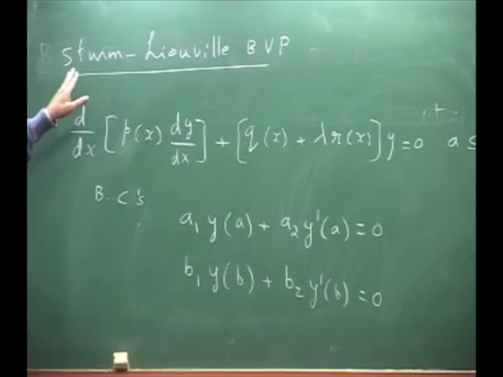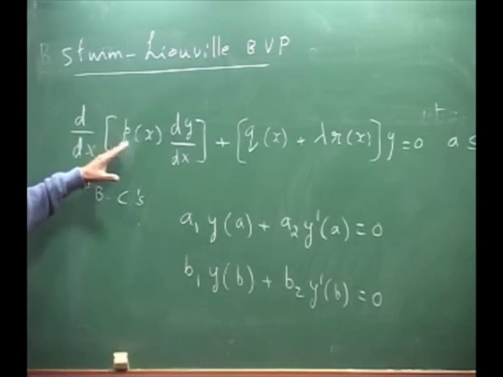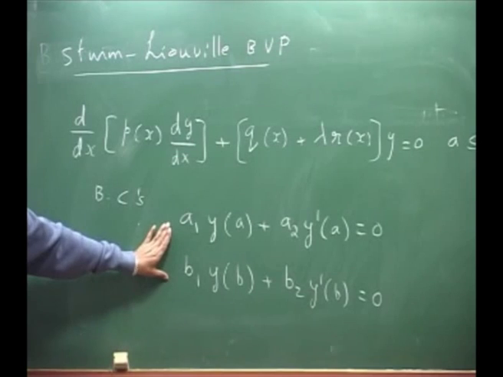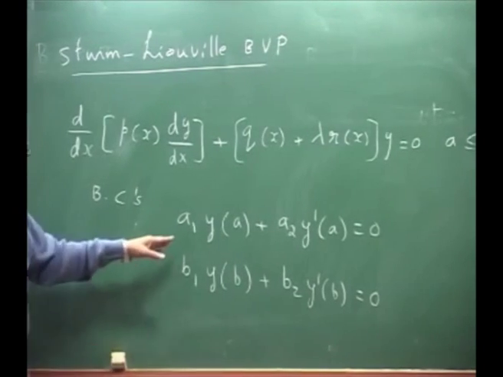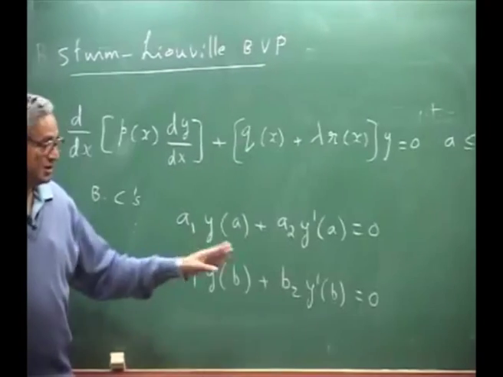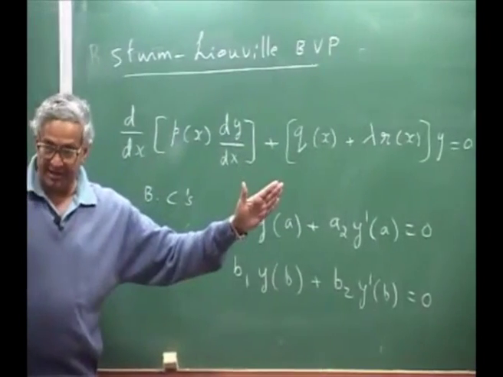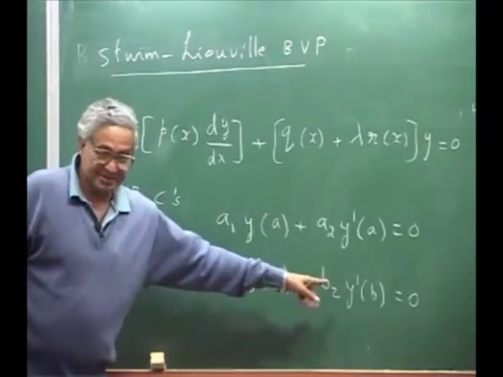This is the form of the boundary condition, but please understand this is one set of boundary condition referring only to one end, a, and the other one only to b.